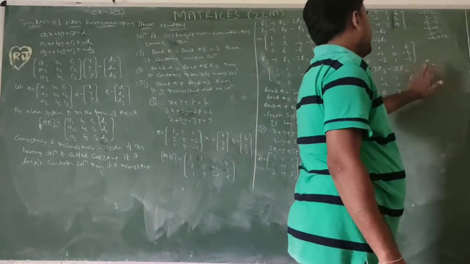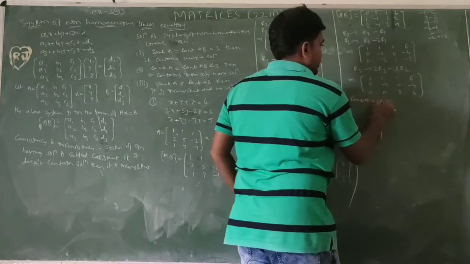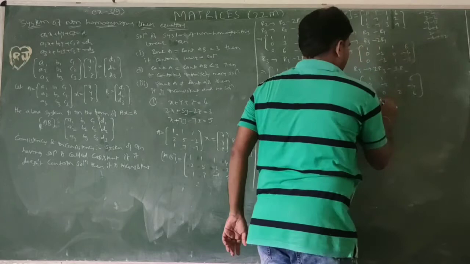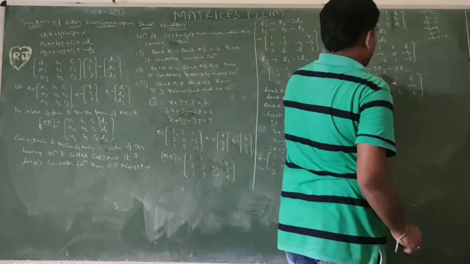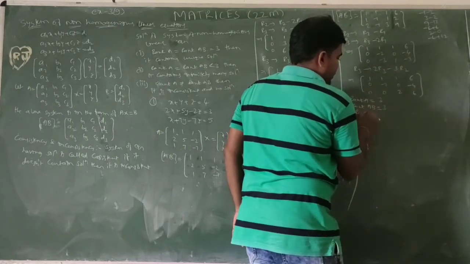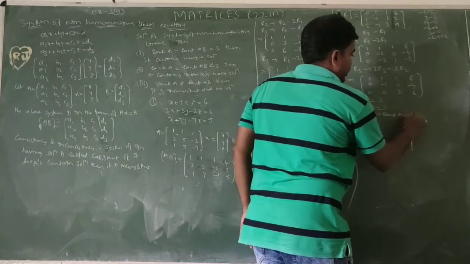So up to this one, this is A. Rank A equals how many non-zero rows? 1, 2, 3. Rank AB: 1, 2, 3, so 3. So rank A equals rank AB equals 3.